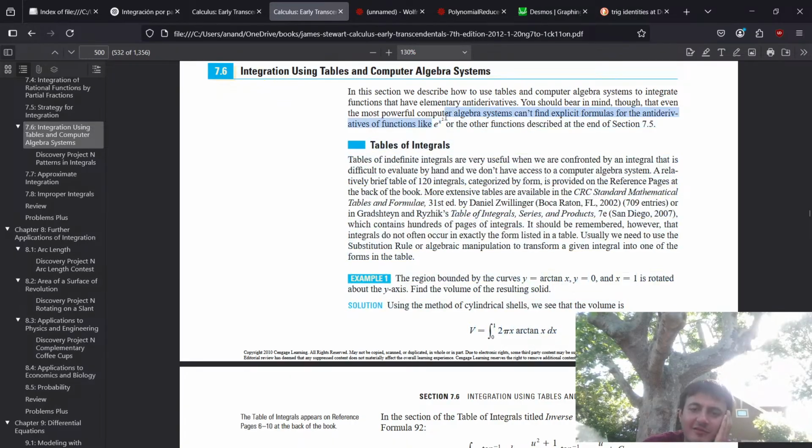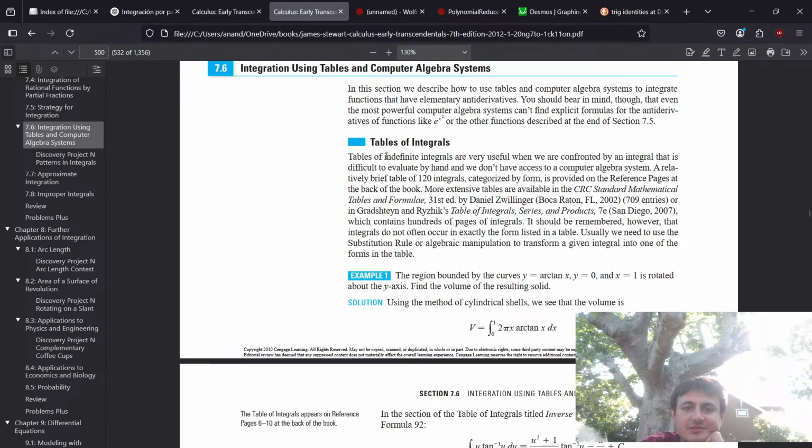That's so weird that e to the x squared just doesn't have an antiderivative. I don't know, man. It's so crazy.